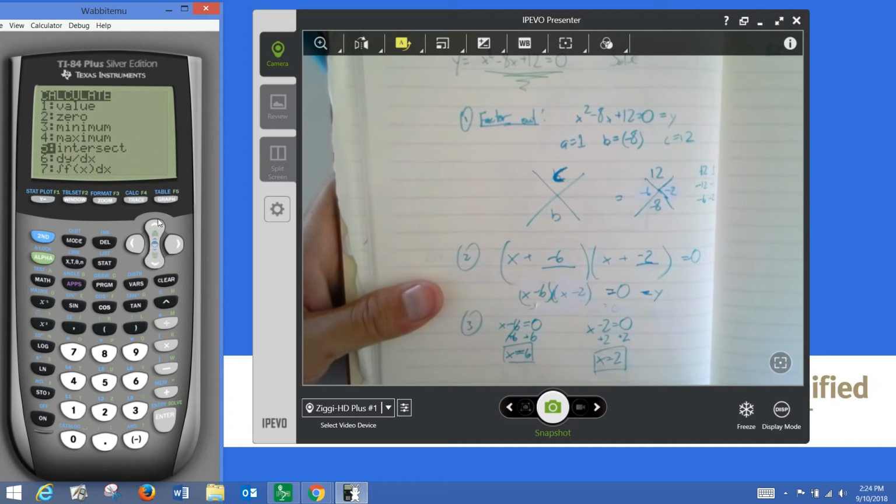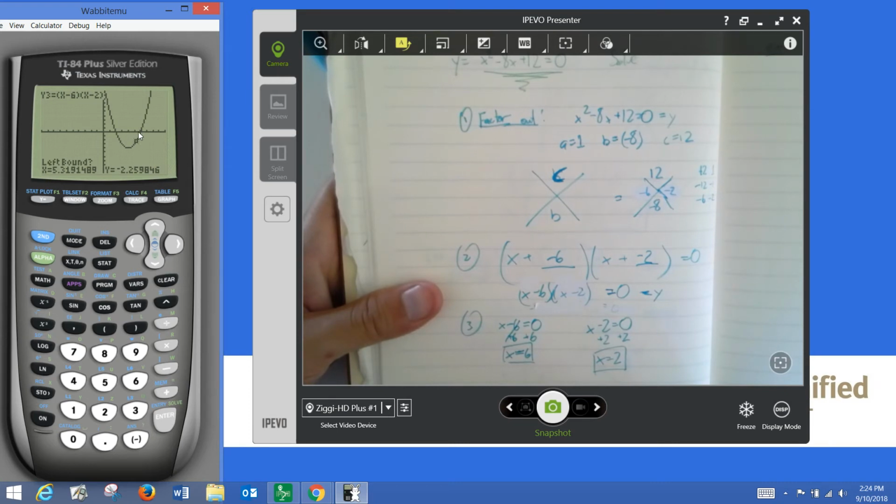Let's say I want to figure out where the x-intercept is right here. I know that y is equal to 0 there, but this says left bound. I'm going to put a little wall right before that x-intercept, so that I know that point's right there.